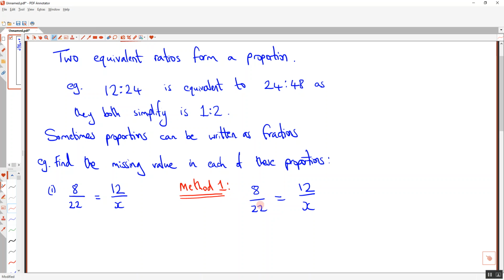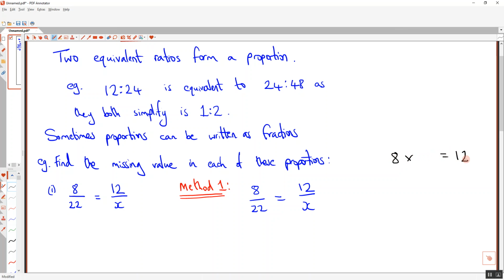Remember, if these are equivalent, this fraction is the same as this one. What do you think, Gordon? You divide the denominator by 2 and then multiply by 3 because half of 8 is 4 and 8 plus 4 is 12. Right, okay, good. So what Gordon's saying, what do I do to 8 in order to get 12?